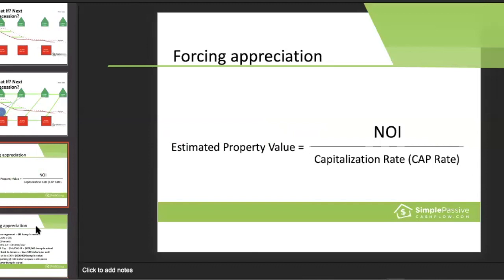So again, here's the formula. You take the annual net operating income, that's income minus expenses, and you divide it by the cap rate of the property. Duke, I don't know if you're on, but you guys bought a property that was a 50 unit or so?